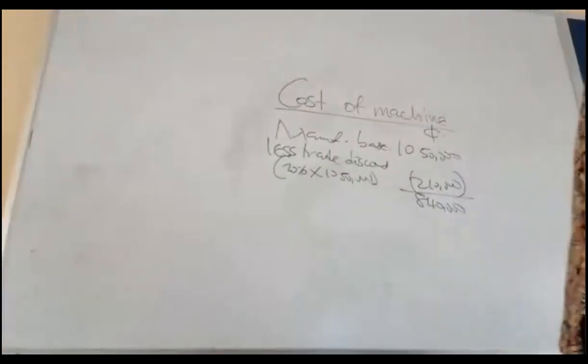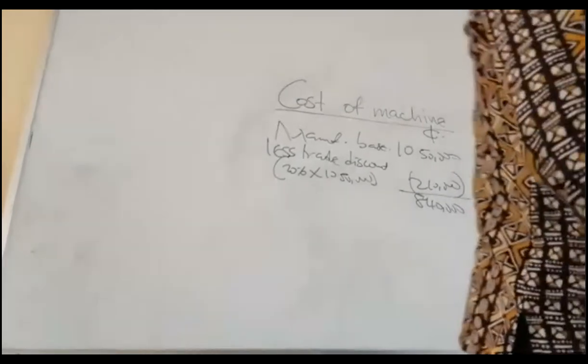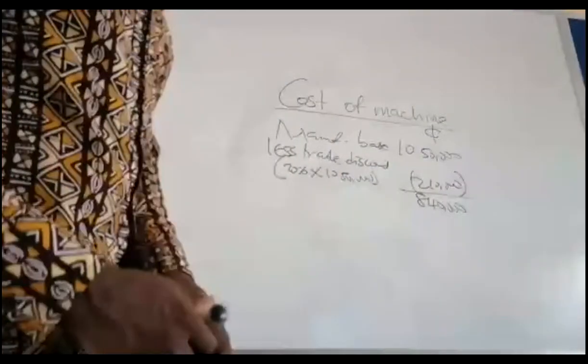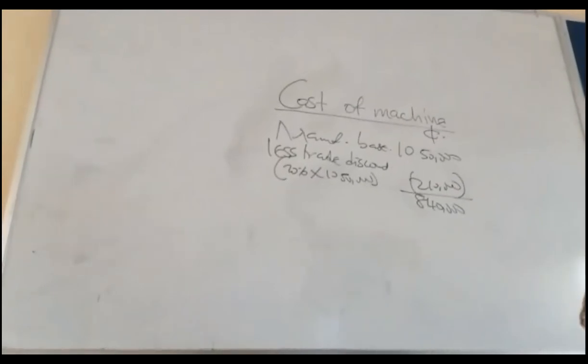Now the next item on the list, freight charges, 30,000. So freight charges is what? 30,000. Will it be part? Yes, because that's transportation by air. Good.